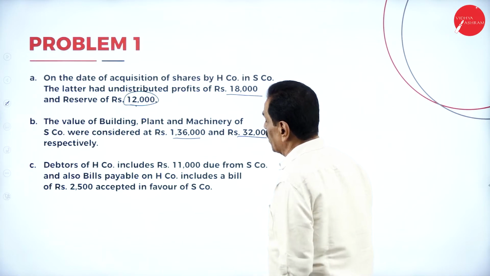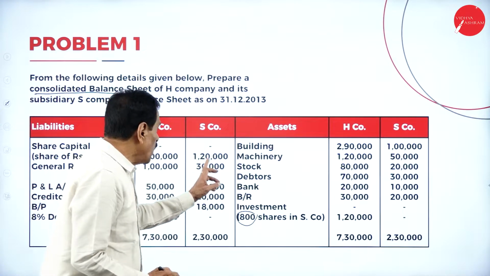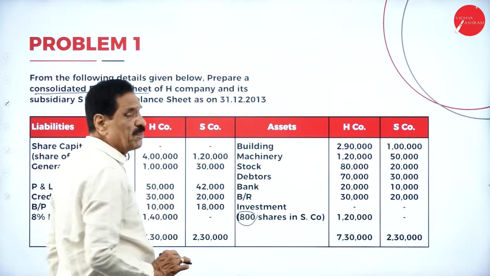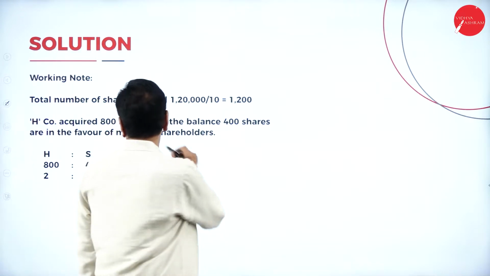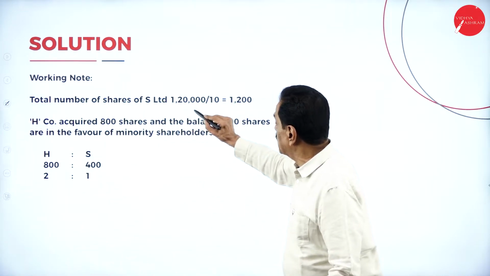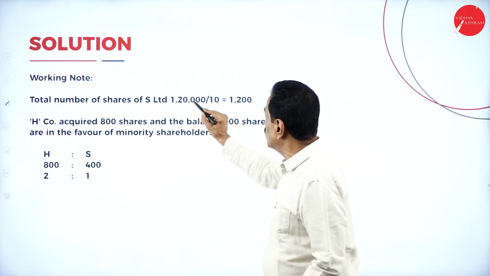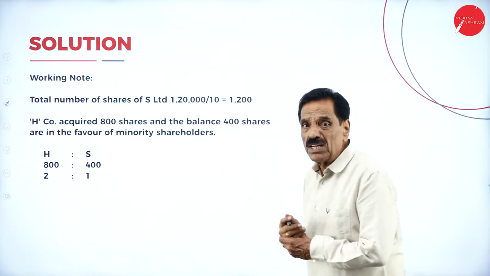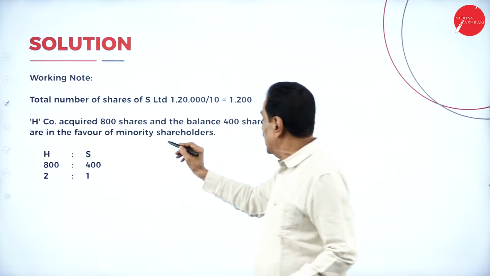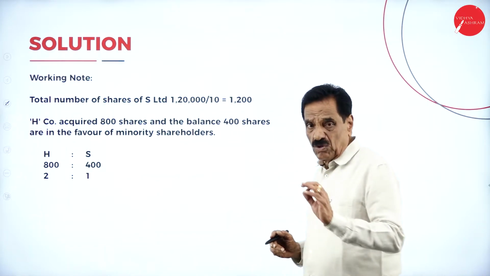If we see our problem here, we have 1,20,000 of share capital, in shares of rupees 100 each. So the total number of shares in S Limited is 1,20,000 divided by 100, which is 1,200 shares. H company acquired how many shares? 800 shares, and the balance 400 shares are in favor of minority shareholders.